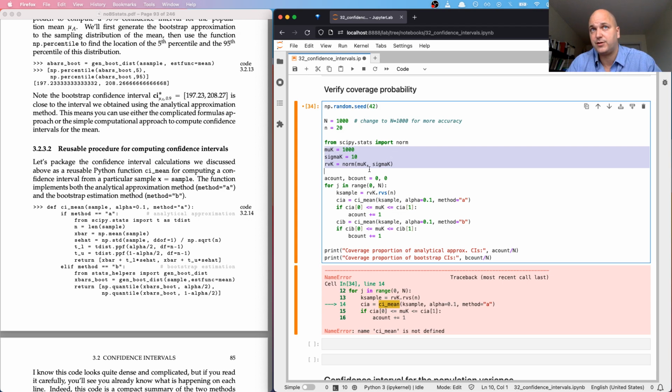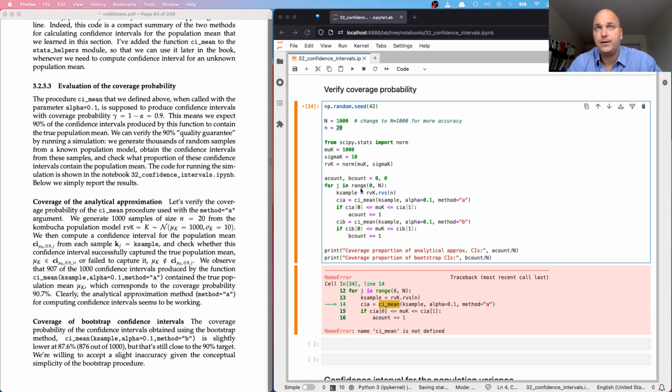This is the kombucha distribution. I'm going to generate samples of size 20, and then compute an analytical confidence interval, just calling the function with the method. This will get the t-distribution, compute the mean, the standard error, it does all those steps. And a bootstrap confidence interval, the same function but using method B.